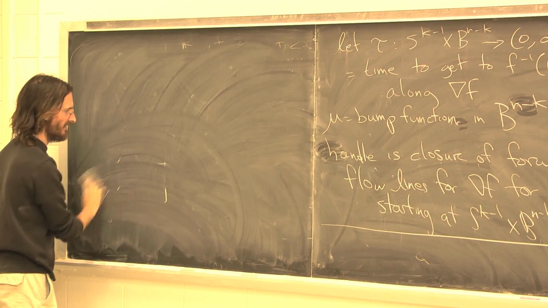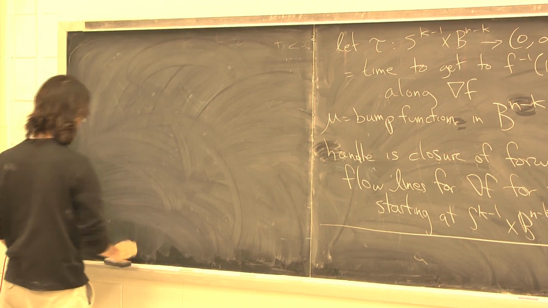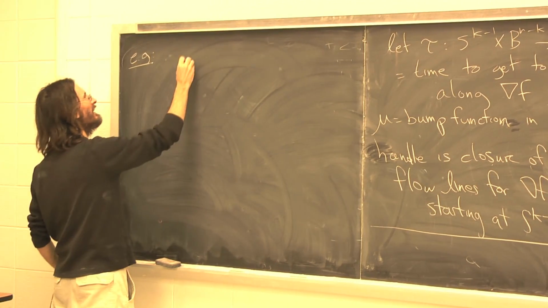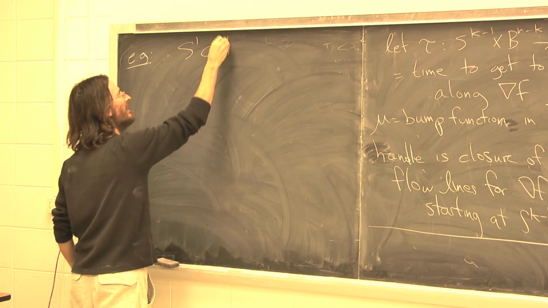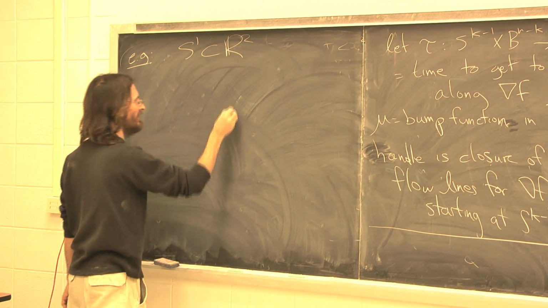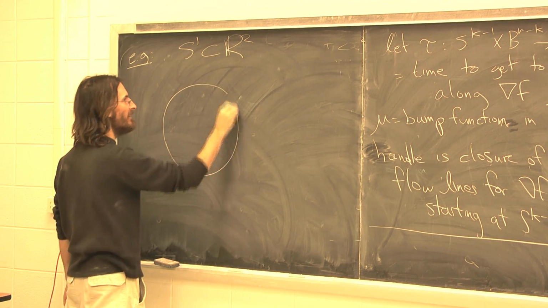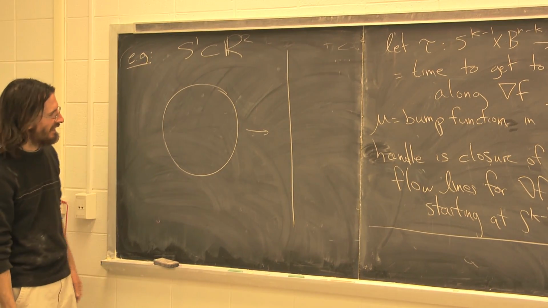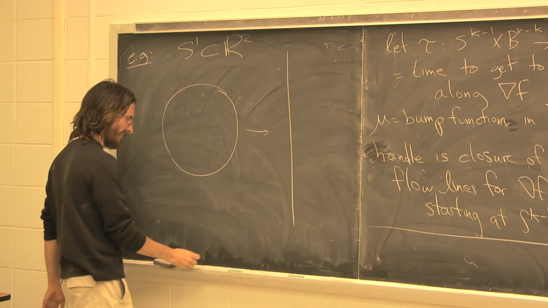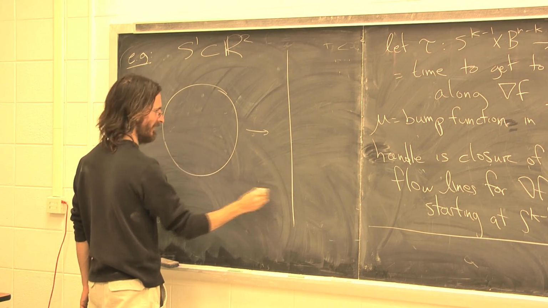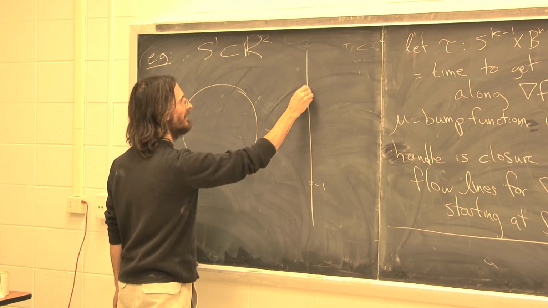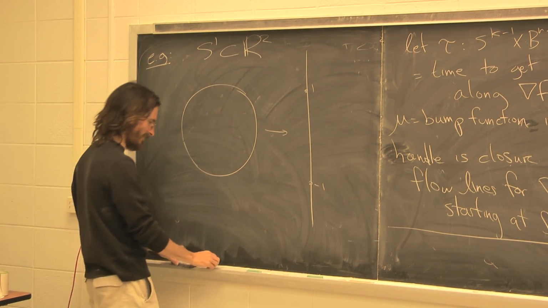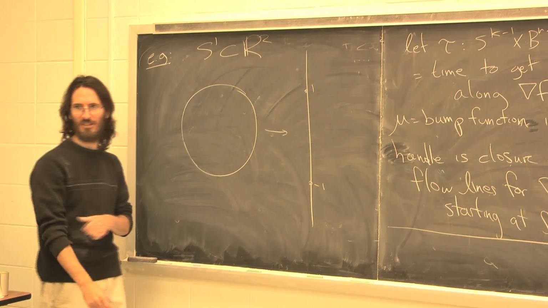So let me give you the simplest example of both of those phenomena at once. Consider the simplest example of all: S1, the standard embedding of S1 in R2. Take the normal height function, and we get our Morse function. This goes from -1 to 1, and it has two critical points.